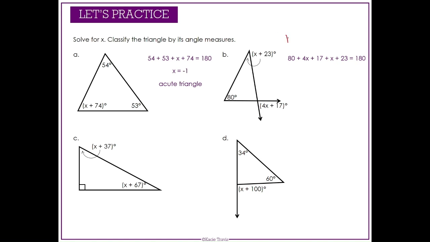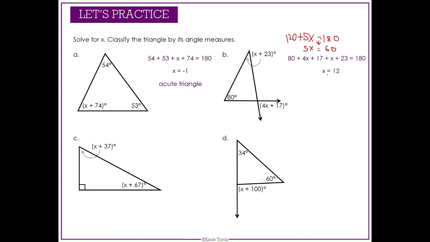All this gets you 120 plus 5x equals 180. Now I know this, when I go through and subtract the 120, that gives me 5x equals 60. And then if I divide both sides by 5, that means x has got to be 12.